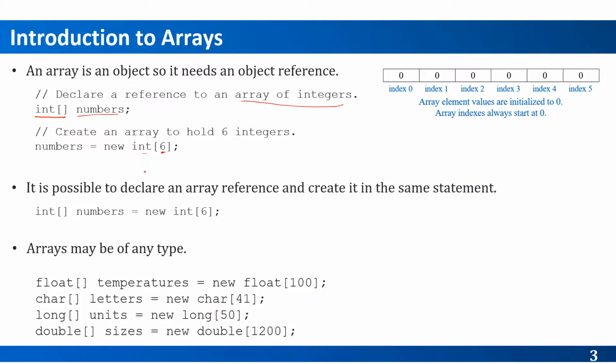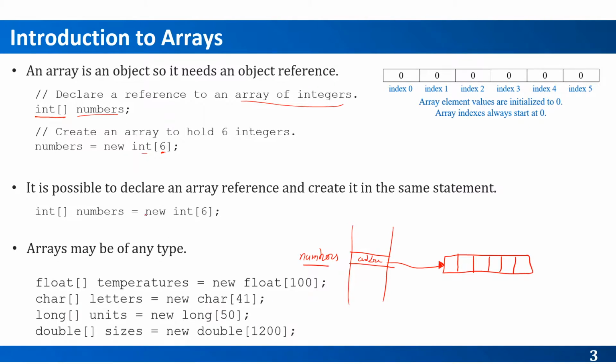So what that does in the memory is that you have the stack memory here, you have numbers, which has an address, and that is pointing to a structure in the heap memory, which has 6 places, like this. All right. So these are the 6 places pointed at by numbers.